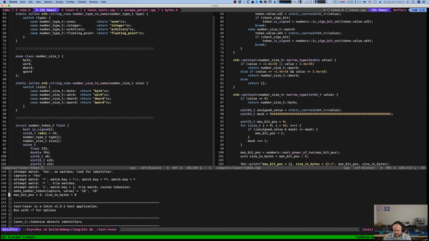Max bit position for size and bytes. Oh. Ha. Right. Okay, that's easy to fix.